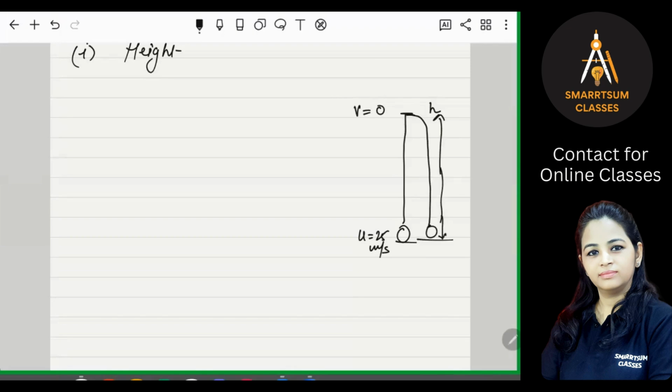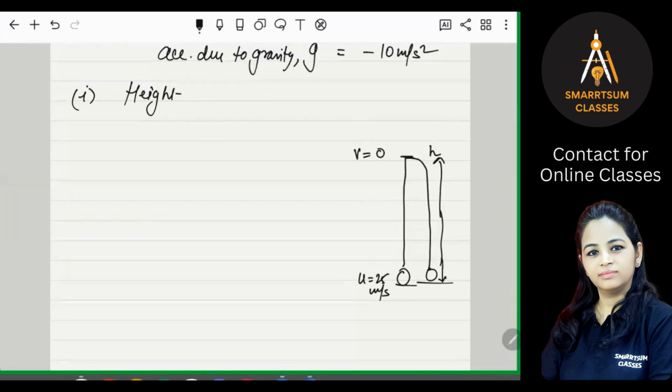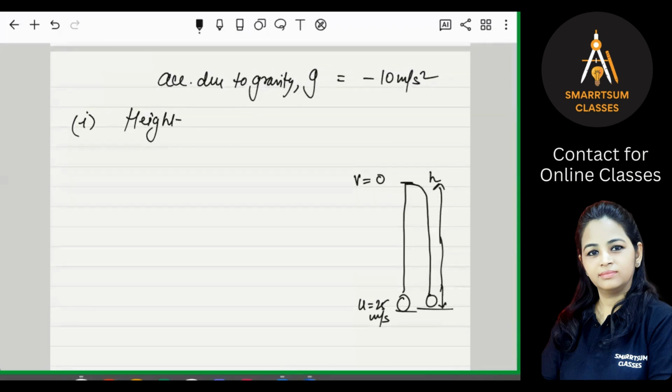Now, according to the equation of motion, the third equation of motion, remember, what is that? Third equation of motion for free fall: v square is equal to u square plus 2gh.